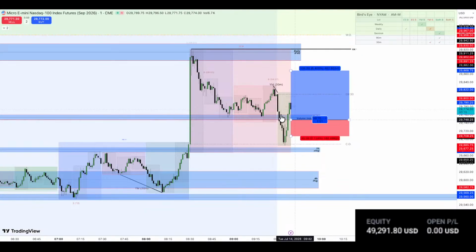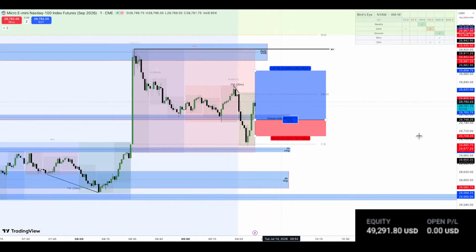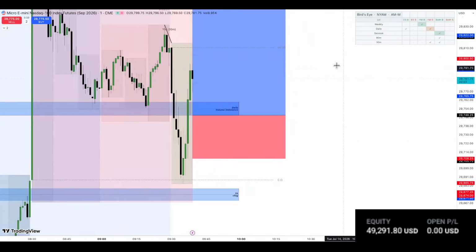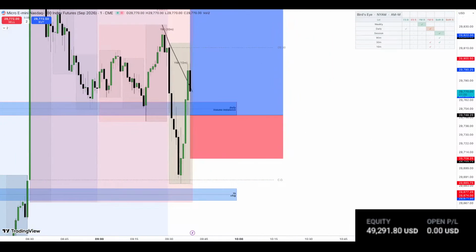I can't really consider this as a change in the state of delivery. Not quite. I can consider this one though. I'm not sure if that's a fair value gap. Let me see. No. No.